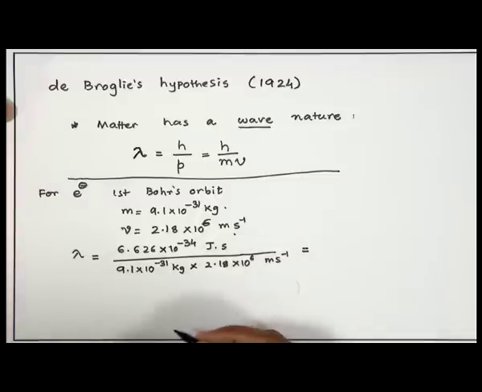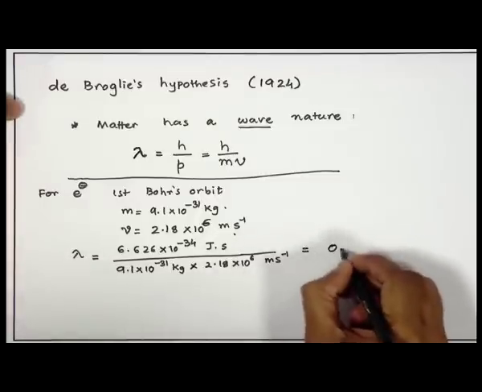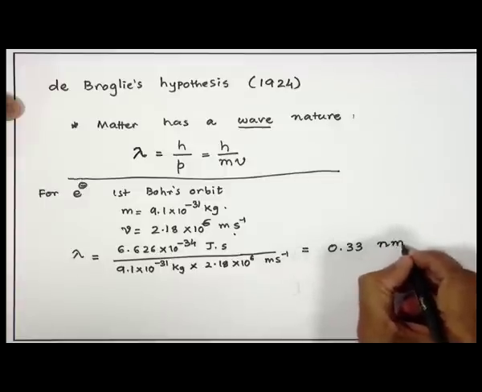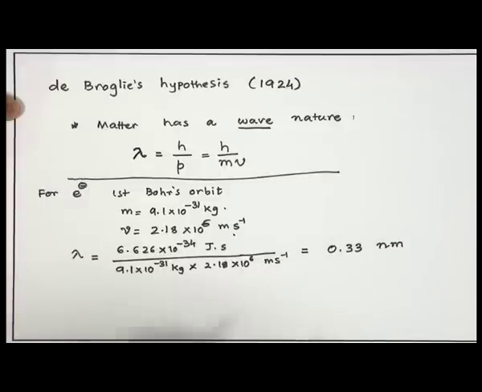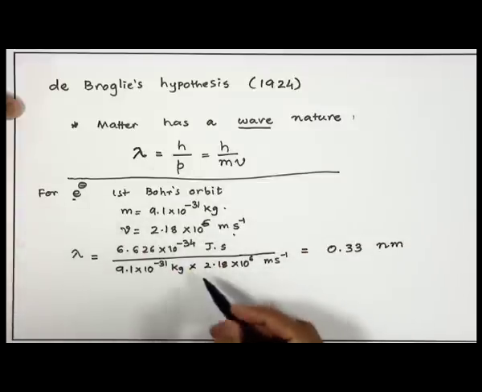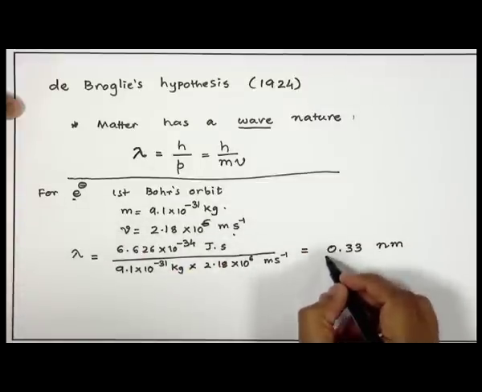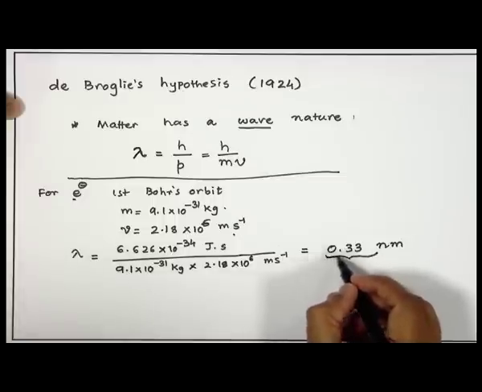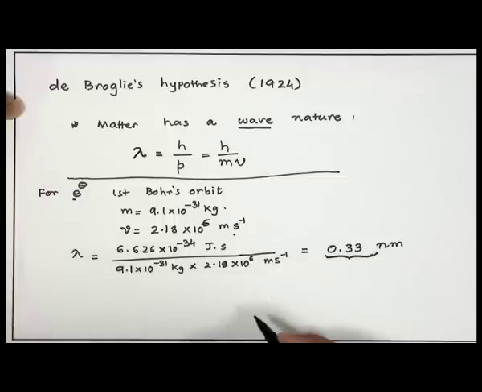If you solve this, you would get 0.33 nanometer. So, an electron, when it is orbiting the first Bohr's orbit or the ground state, has a wave-like nature, which is given as the wavelength of 0.33 nanometer.